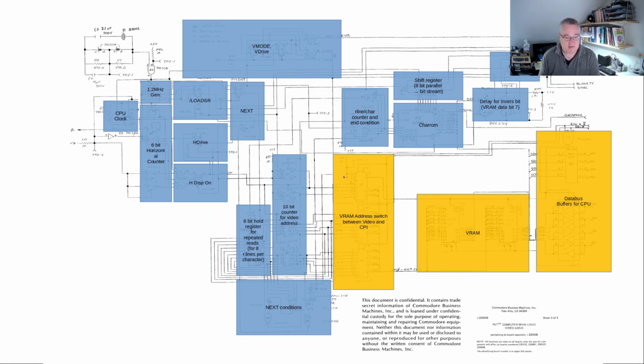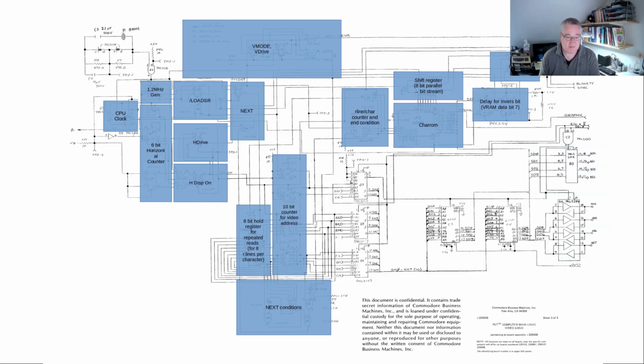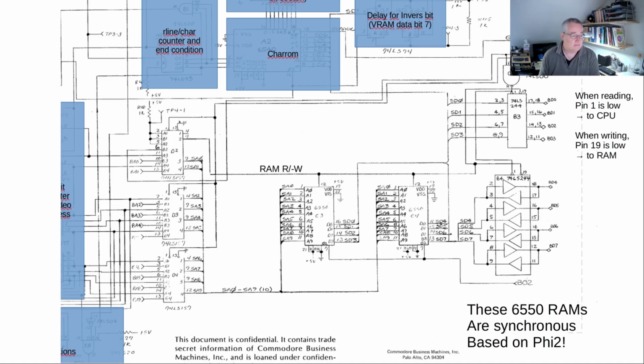Looking at the RAM access, so those are those parts. We have the switches that switch between the CPU address bus, BA6, BA1, BA2, BA3, and so on, and the video address here, which is coming from the counter on the left. Those are the feedback lines to the hold register.